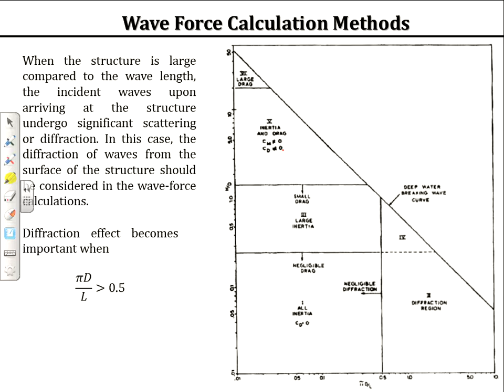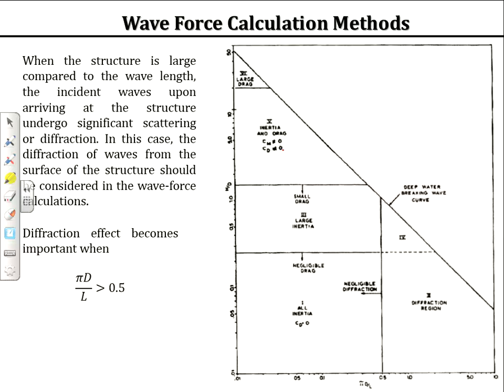So from this triangle, we can say in which scenario we should calculate drag force and inertial force, and in which scenario we should use diffraction theory to calculate the loads acting on large structures. So you can use this figure to do the judgment.